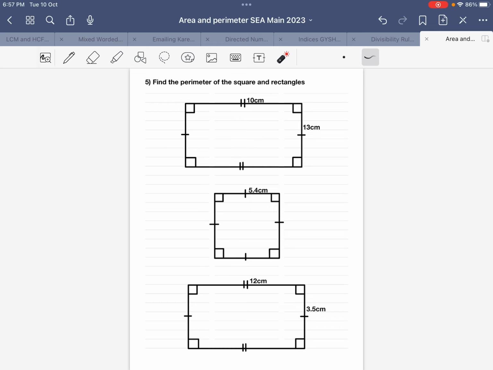Next, find the perimeter of the square and rectangles. So these are similar. So you can go ahead and attempt these now. Now we will take a look at the solutions.